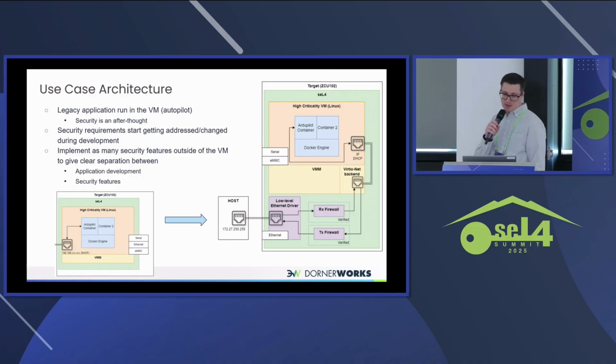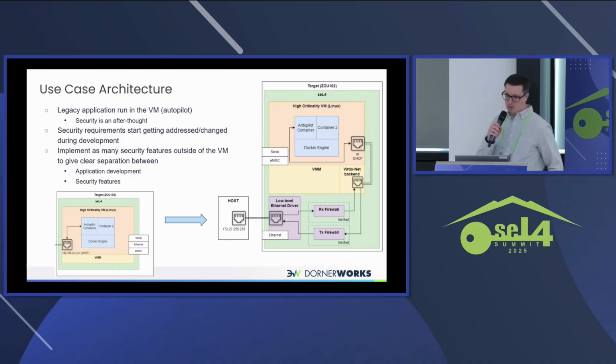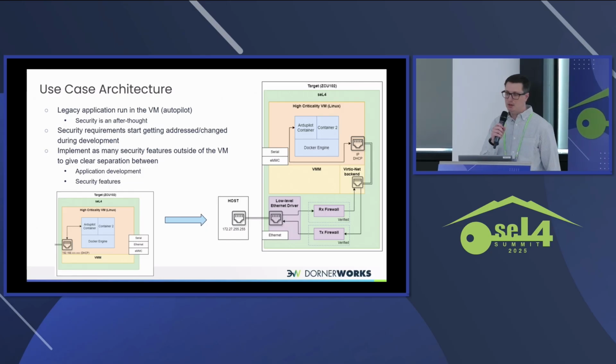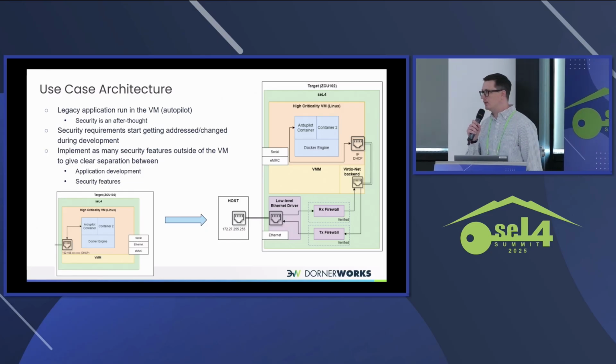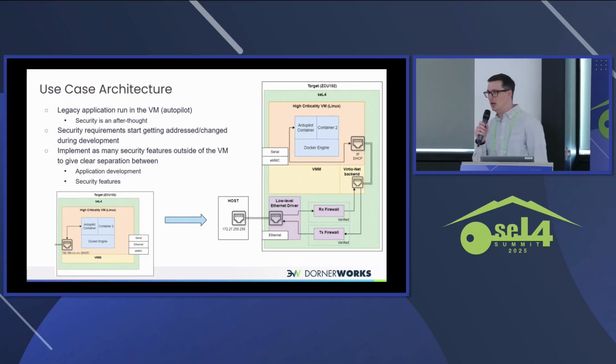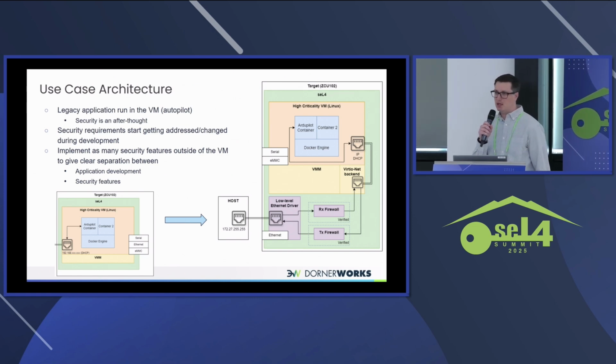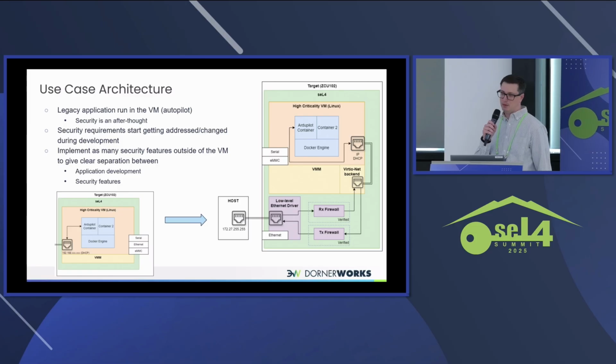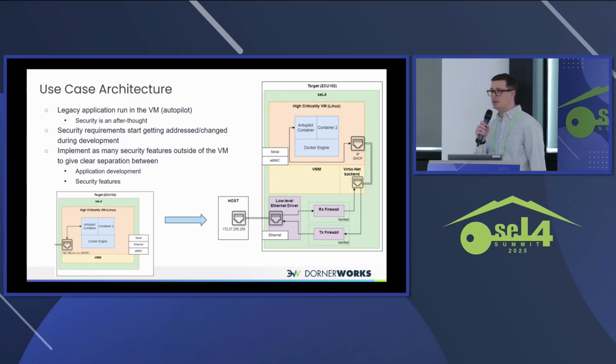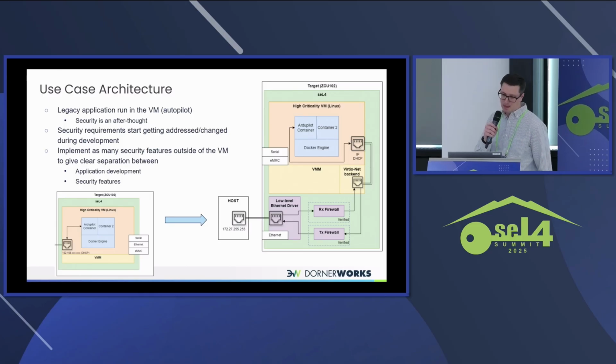So for my use case architecture, what I wanted to show was a very common use case, which is you have some legacy code or you have people creating applications and they don't really think about security. It's more of an afterthought. So maybe halfway, 3/4 through the program, you actually start trying to address your security requirements.